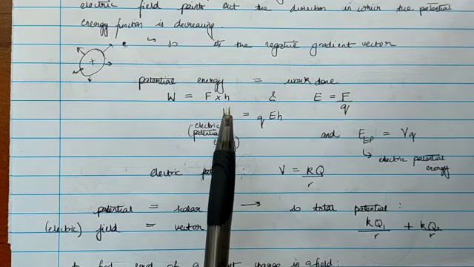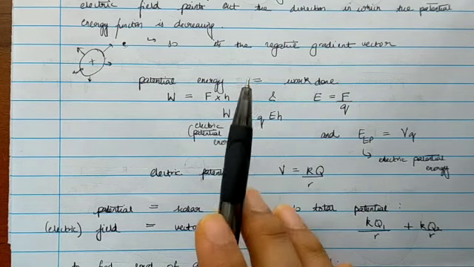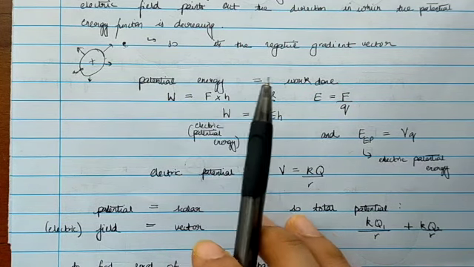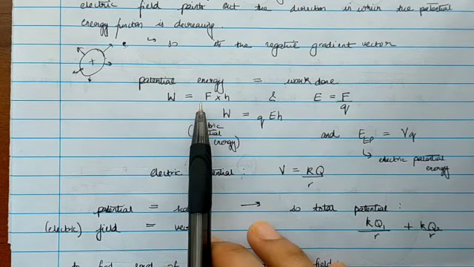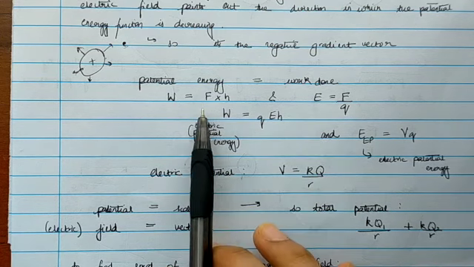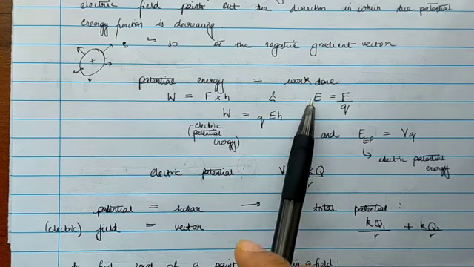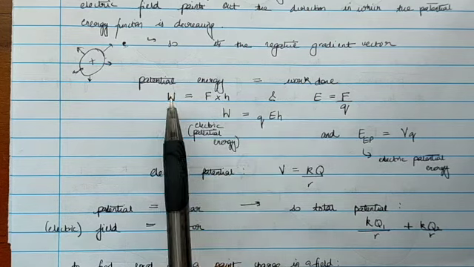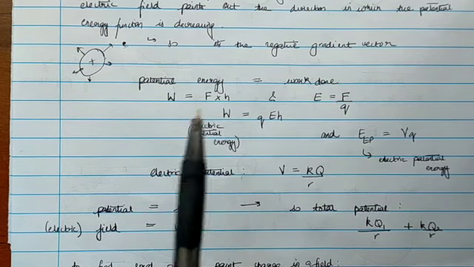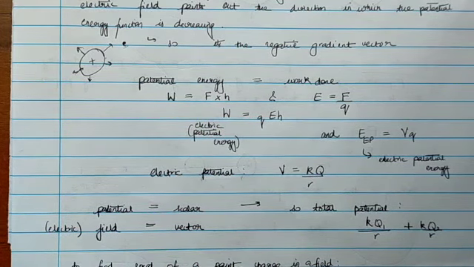So now let's derive some important equations. Since potential energy is equal to the work done, we can use these two equations. This is the electric field strength equation. This is the work done equation, which is force times h, or any distance that you move.